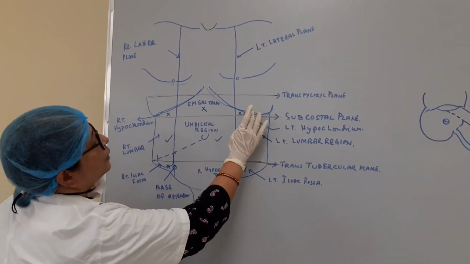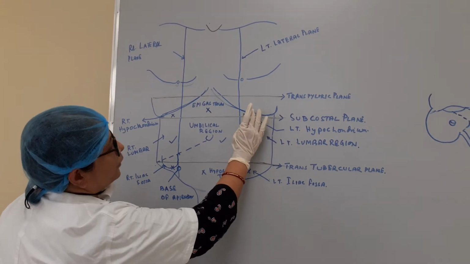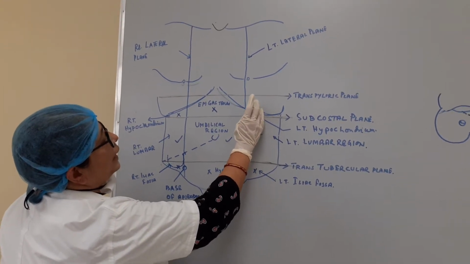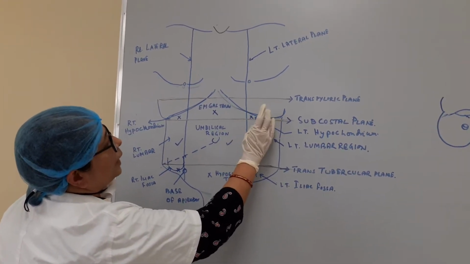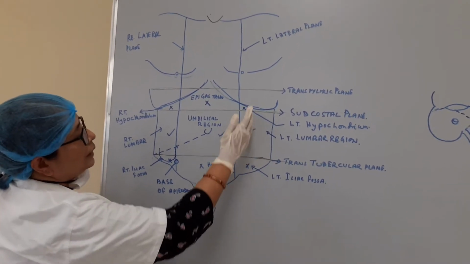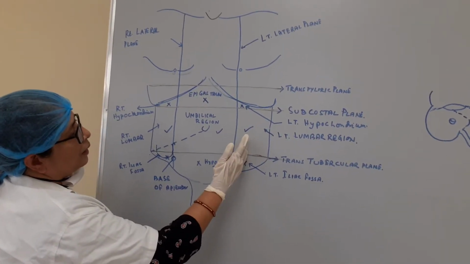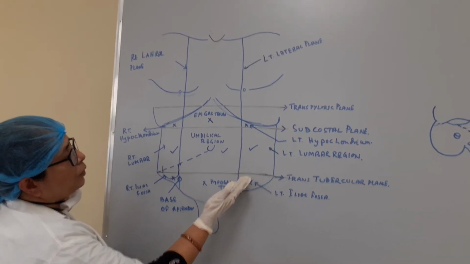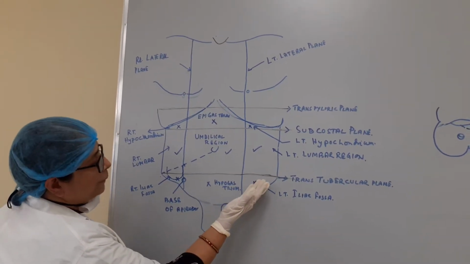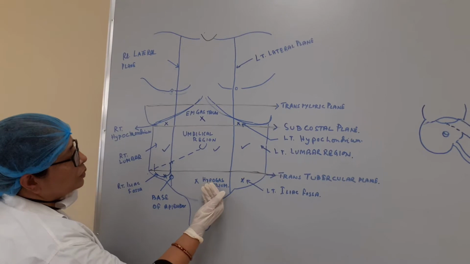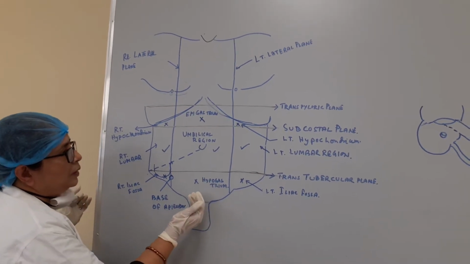Then the left colic flexure, or splenic flexure, lies in the left hypochondrium. Then the descending colon lies in the left lumbar region, and the sigmoid colon lies in the left iliac fossa and also the hypogastrium.